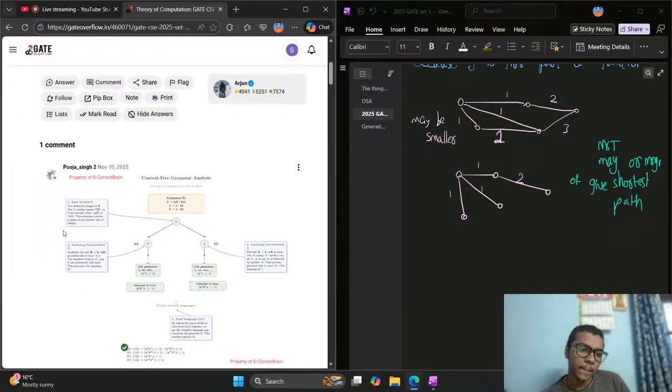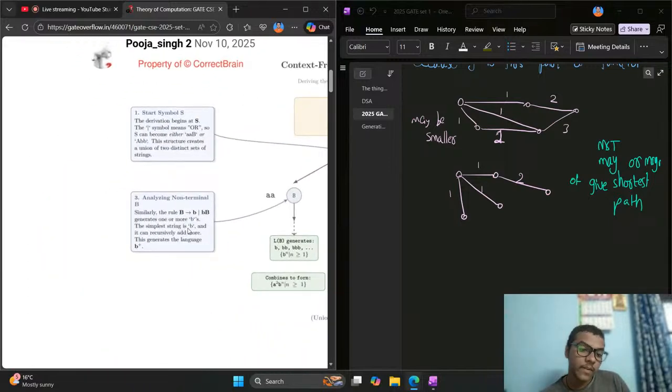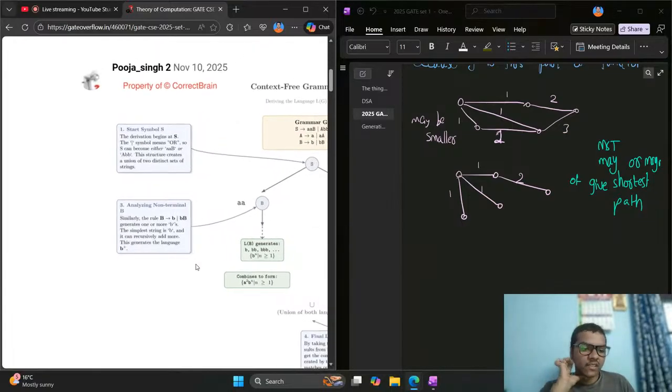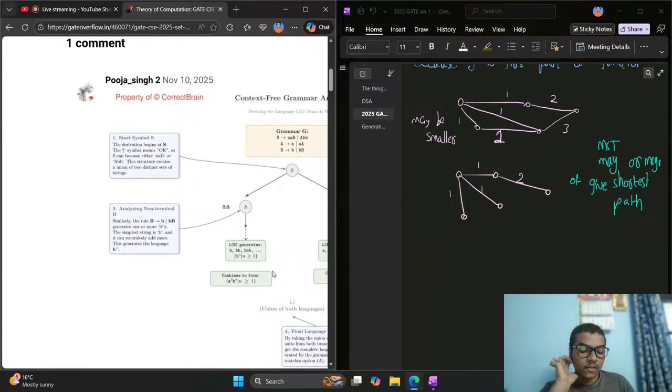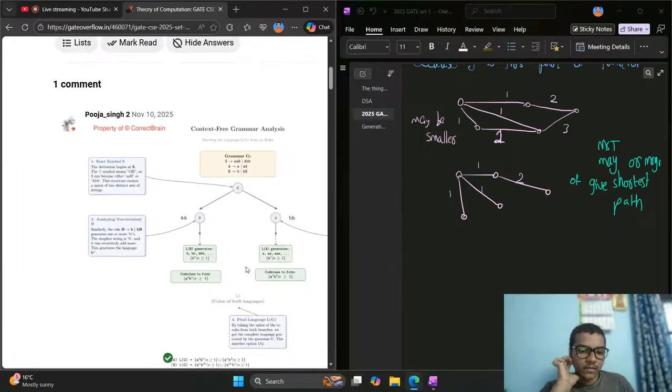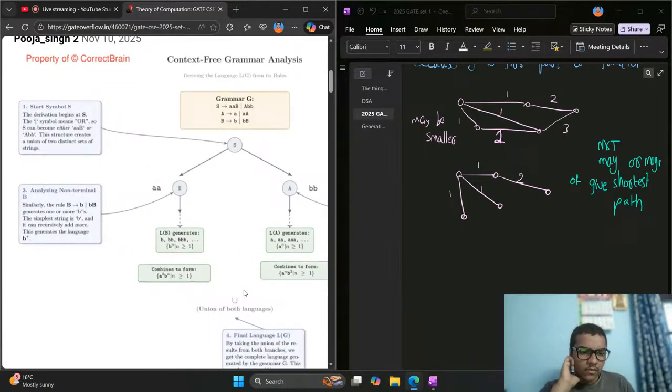And again, similarly, the B rule generates one or more b's. The simplest string is b, and it can recursively add more. Okay, combination. It combines to form a power 2, b power n, and a power n, b square.